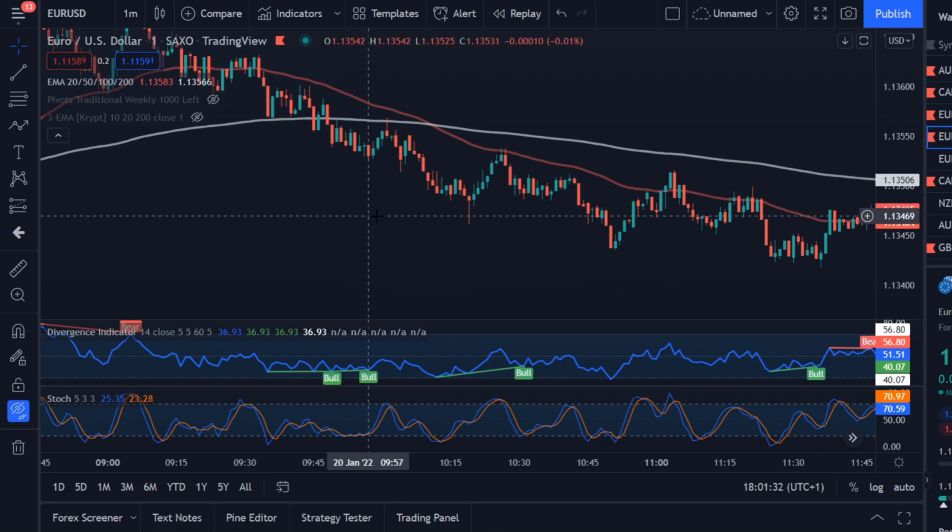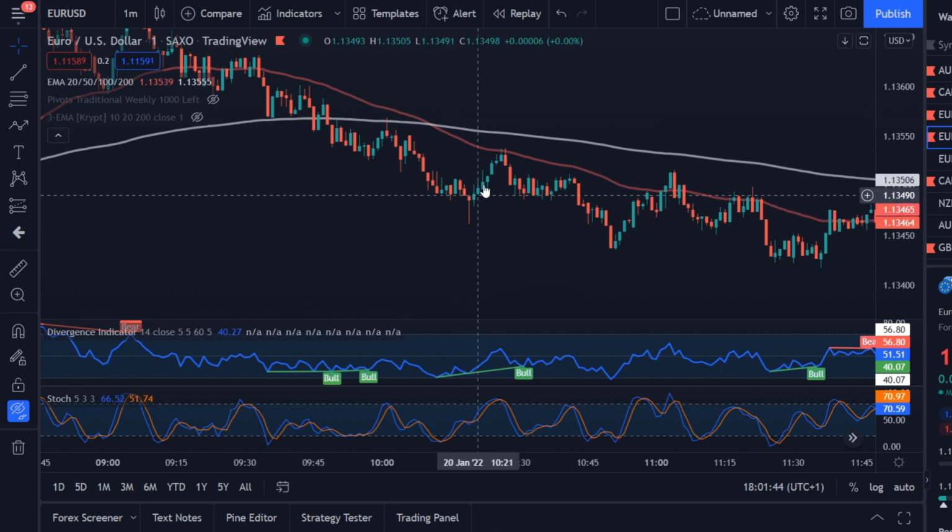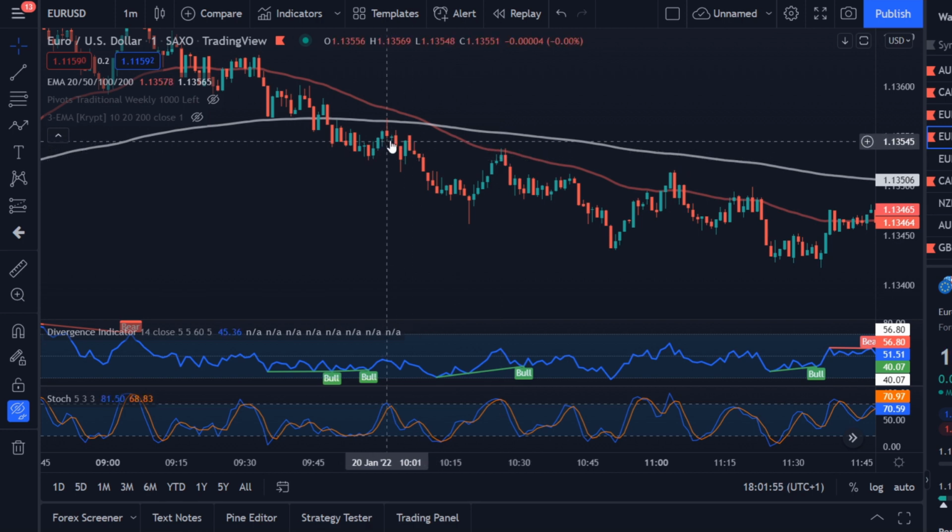Let me clarify it for you. Over here we have a high point, right? So it goes a little bit down, then it goes to the upside, and over here it makes a high, right? And it drops, and then it goes to the upside, and then it makes another high. What do we see over here? We see that this is a high, but this high is lower than this high over here.